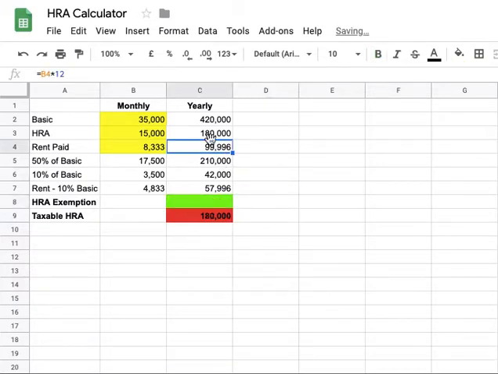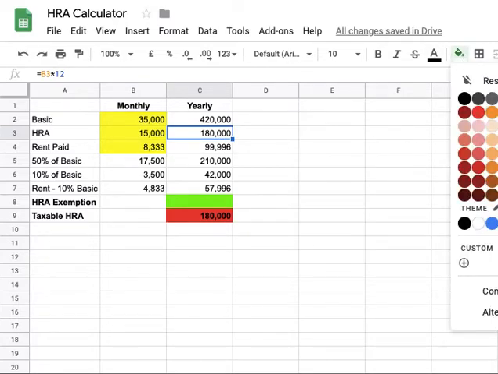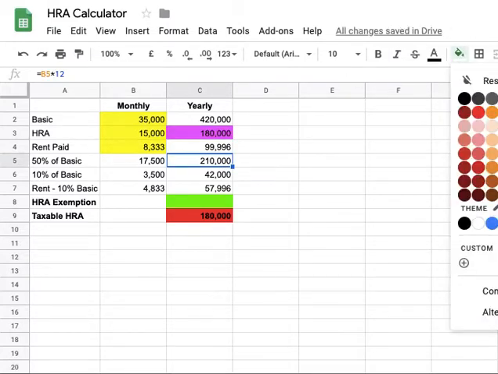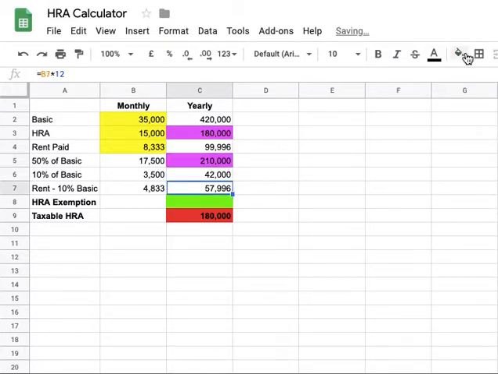Now you have to focus on three values. One is the HRA, the second is 50% of the basic, and the third is rent minus 10% of basic. Once you do this calculation, just focus on these three values. Your HRA exemption will be the lowest out of all of them. In this case, the lowest is 57,996.